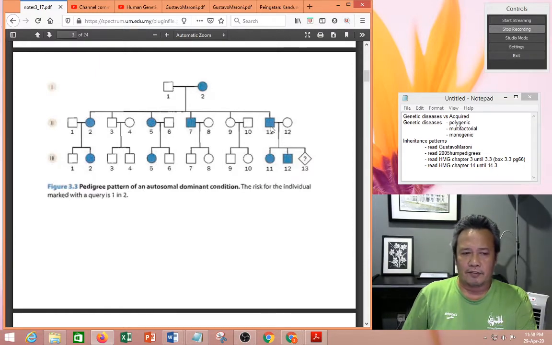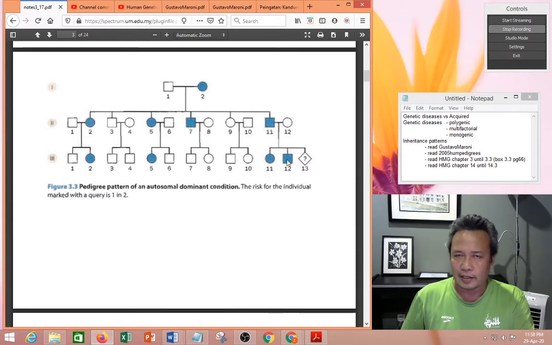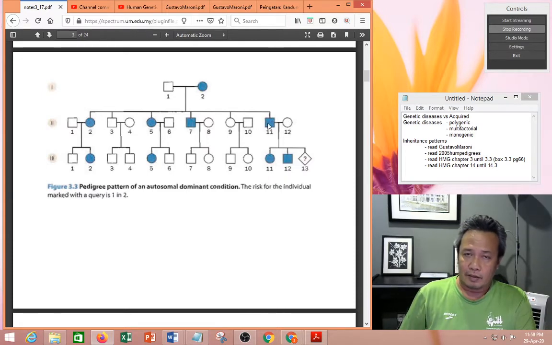Do you agree? If you can see male to male transmission, it's definitely not X-linked, because a male will only give a Y to a male, right? It doesn't give an X. So when you see male to male, definitely not X-linked. And when you see both males and females equally affected, then it's autosomal.